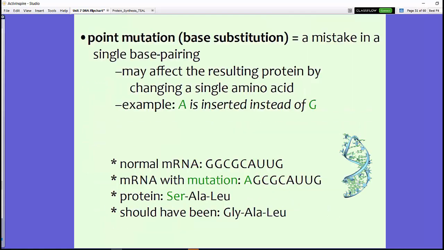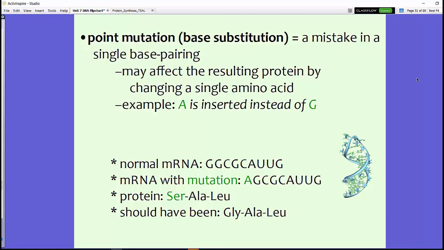So let's talk about some of those specific types of mutations. Again, we've seen some of these, but now we are able to talk about them in a little bit more depth. Our first one that we're going to talk about is a point mutation. Just as the name suggests, this is just a simple base substitution. So this is a mistake in a single base pair.